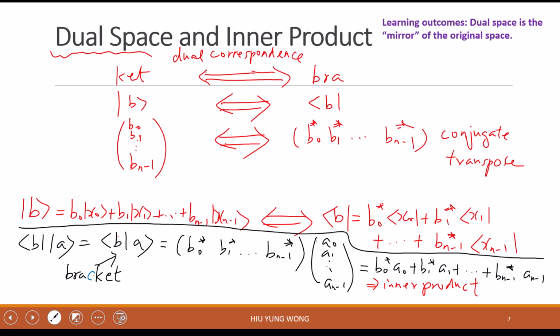So you see that the dual space is the multiplication between the bra version of a vector and the ket version of another vector. That's the main point. When you do inner product, you take the bra version multiplied by the ket version. In our real 3D space, since it's all real numbers, it really doesn't matter if you take the complex conjugate.